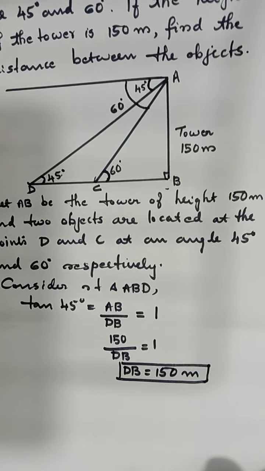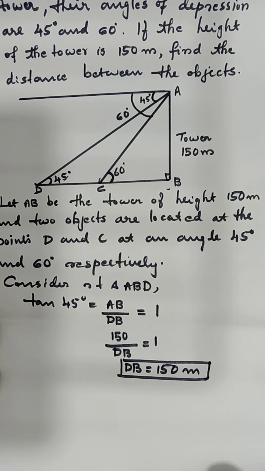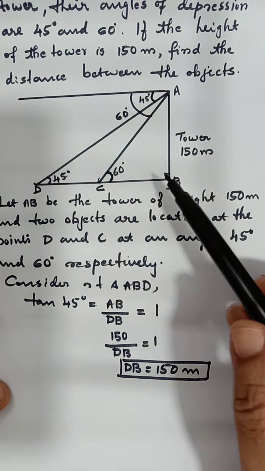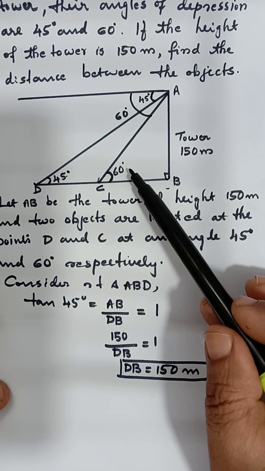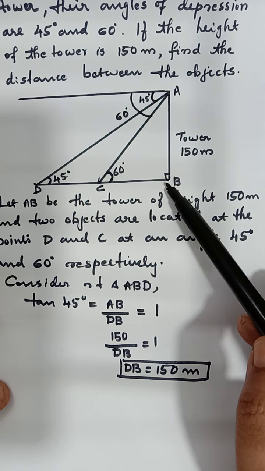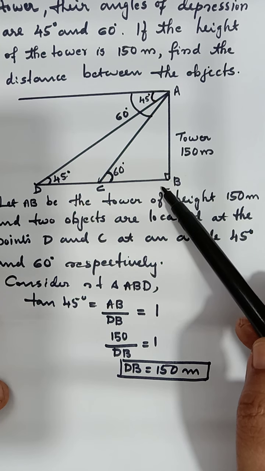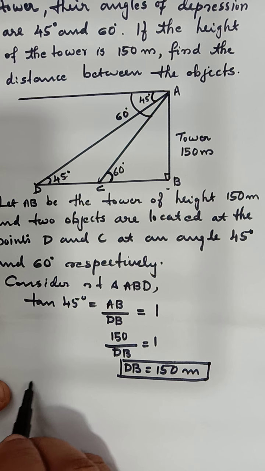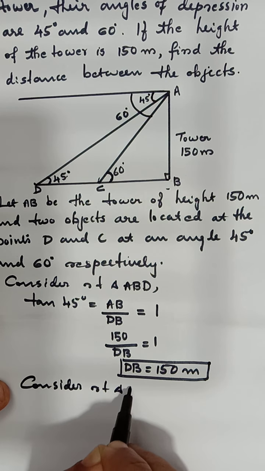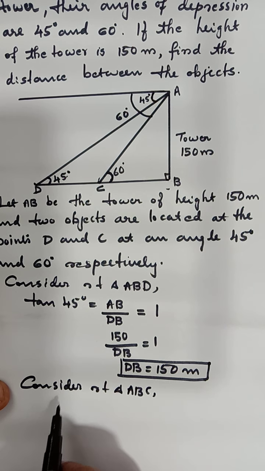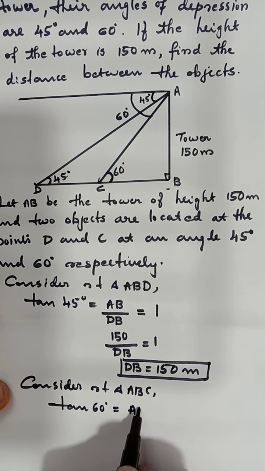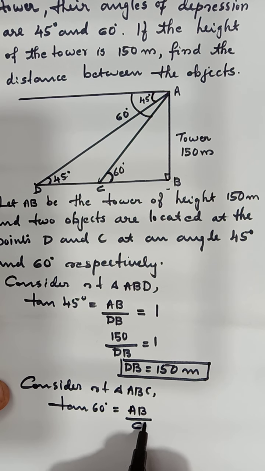Now we will consider the next right triangle, triangle ABC. There also we have to take the trigonometric ratio tan. What is the reason? It is opposite side by adjacent side, and we have to get the adjacent side. So write: consider right triangle ABC, in which tan 60 degree equals opposite side AB by adjacent side CB.